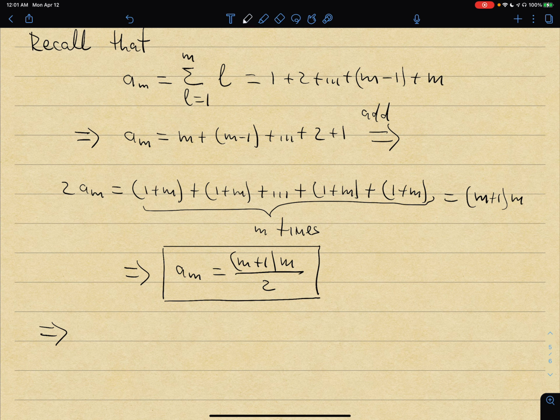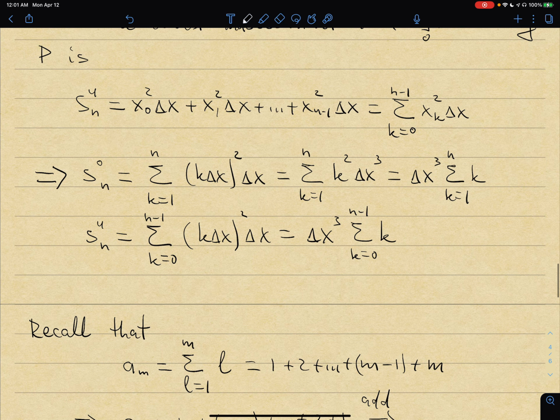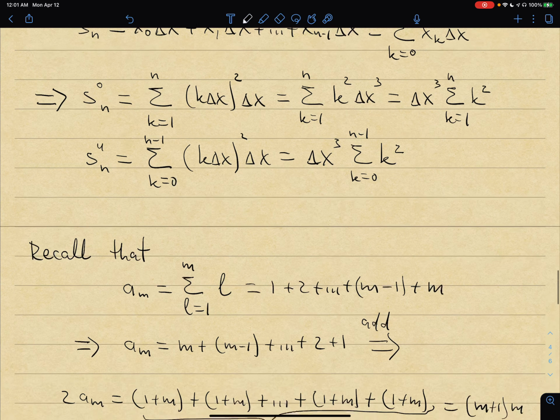So that means that as n... actually, sorry, again, what I'm saying here is bogus. This was k squared and not k. Sorry for that.